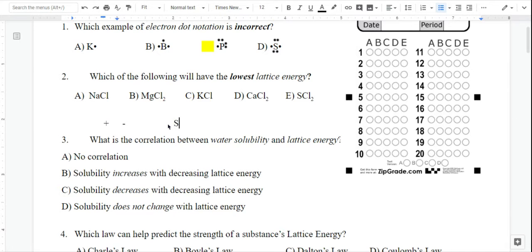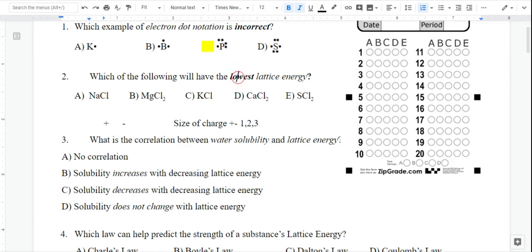There's the size of the charge, whether it's plus or minus 1 or 2 or 3. As this charge goes up, the lattice energy goes up, and the sign doesn't matter. Then the other component is the size. How big is the atom, the ion? The bigger the atoms are, the lower the lattice energy.